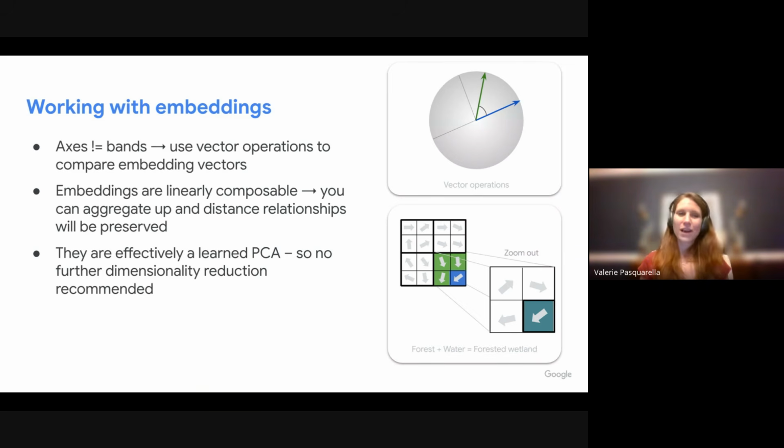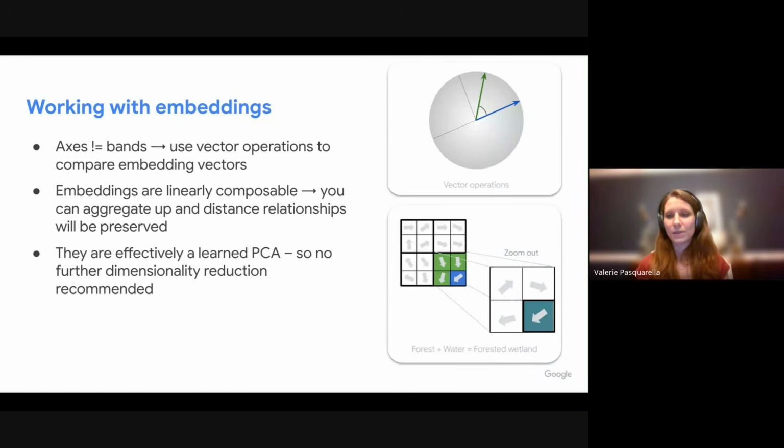Another thing just to flag as you're working with embeddings, they are linearly composable. So you might remember the example from word embeddings with being able to add and subtract and do other operations on those. Our embeddings are similar when you aggregate up to different scales, and this is very relevant in Earth Engine, where pyramiding is a very important concept, that when you're aggregating up or down, you will preserve distance relationships between the embedding vectors.